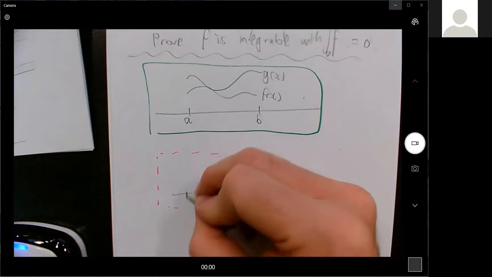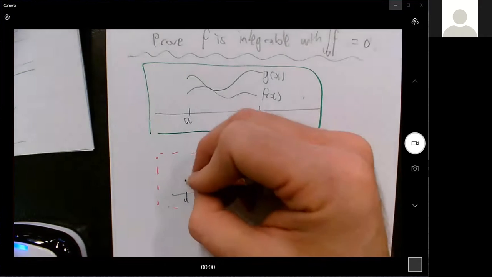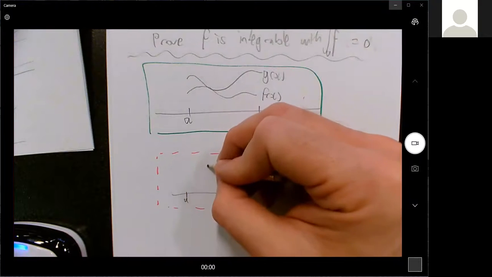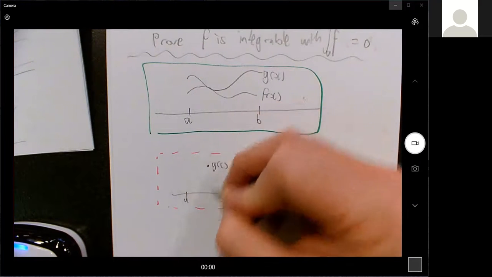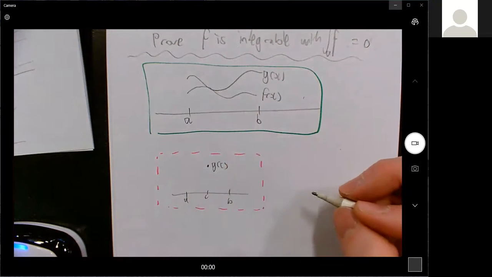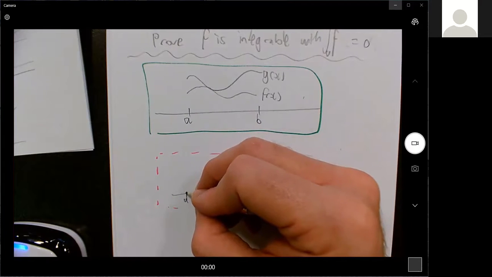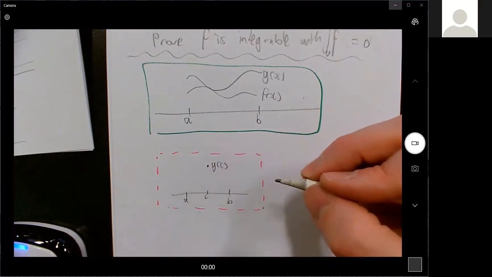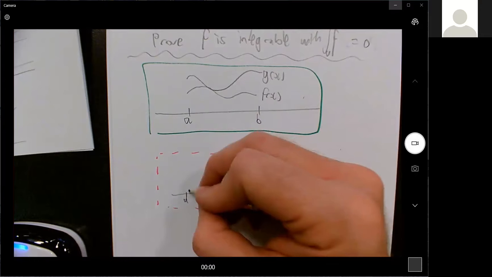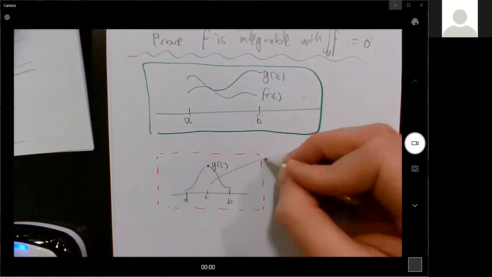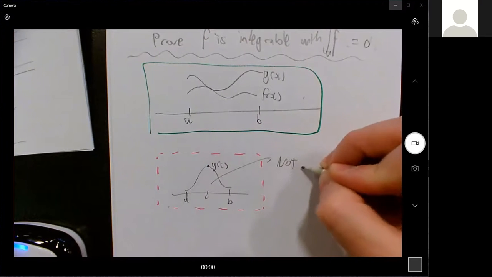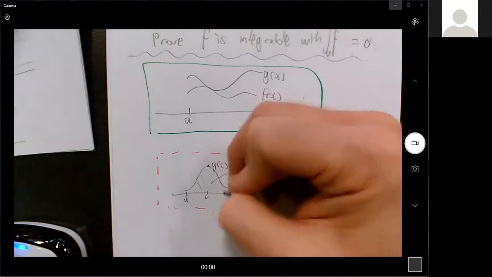Like, if G was ever not 0, right? So if this was like G of the number C and it wasn't 0, for the integral to work out to be 0, I couldn't have something like that, because that would not be 0, the area, right?